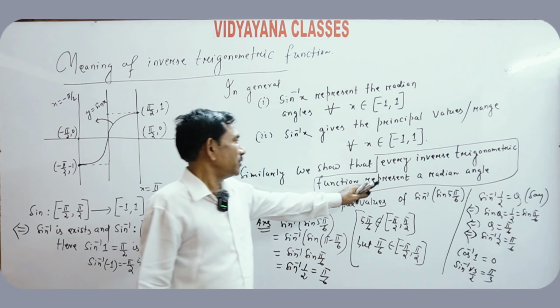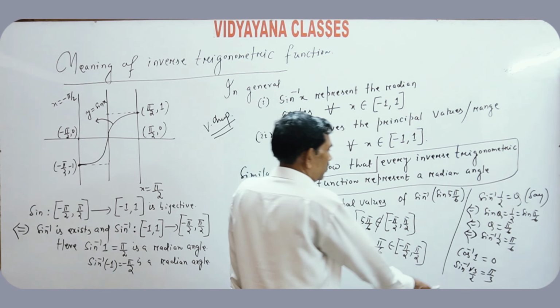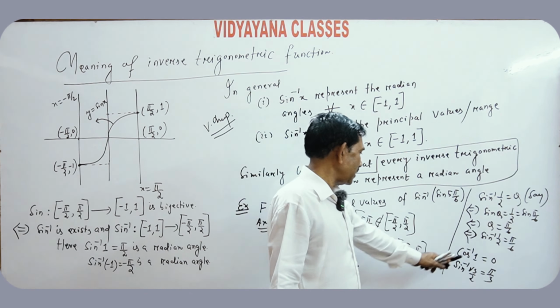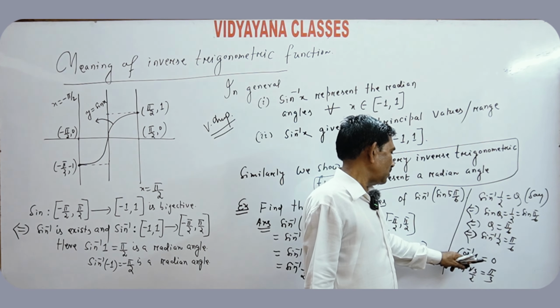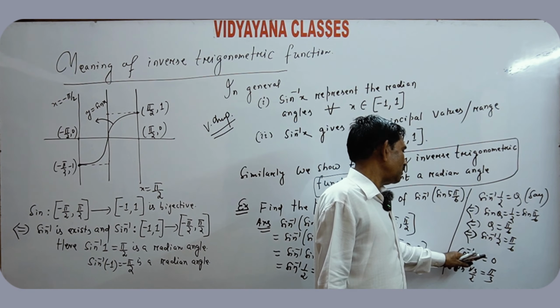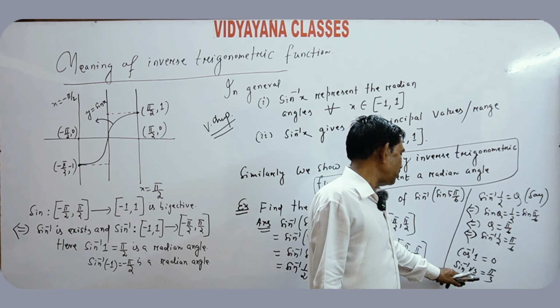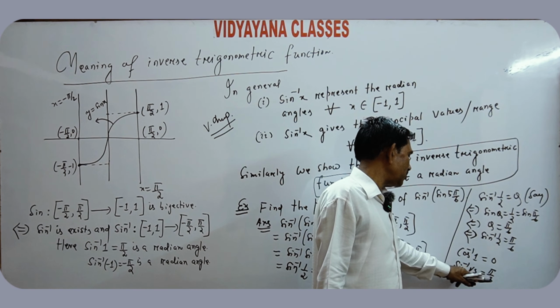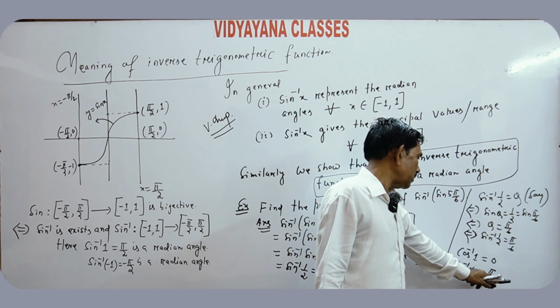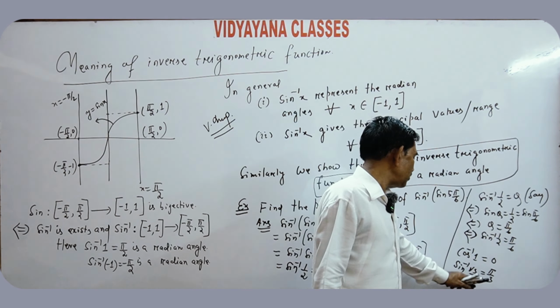This conclusion helps to solve the problems. Cos inverse 1: cos of which angle gives 1, that is 0 radian. Sine of which angle gives root 3 by 2, that is pi by 3, that means 60 degree.